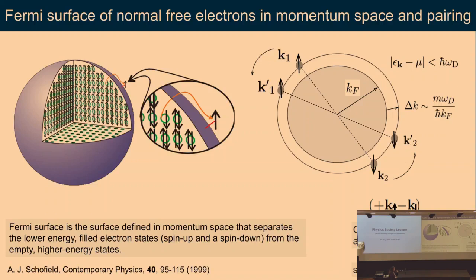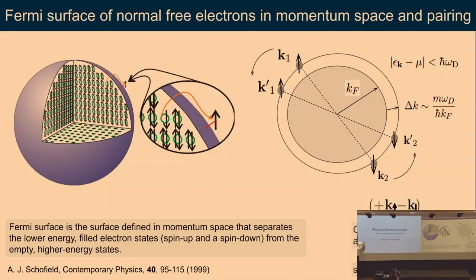Now, how do we think about electrons in momentum space? For a metal, all the states will be occupied in momentum space with spin up and down, and the surface which separates occupied from unoccupied states is called the Fermi surface.